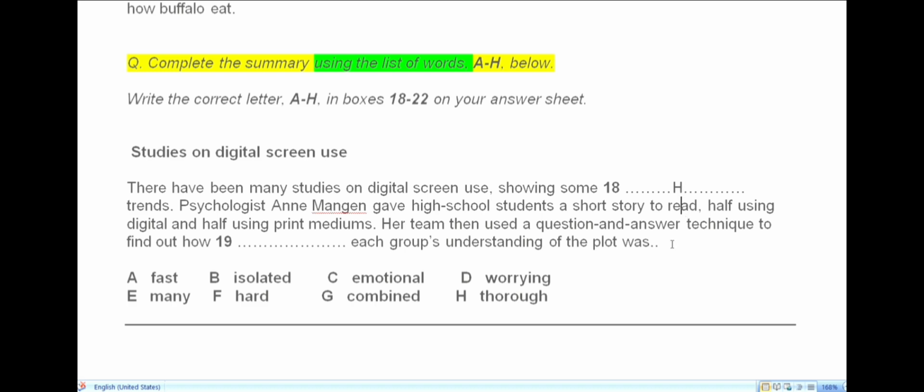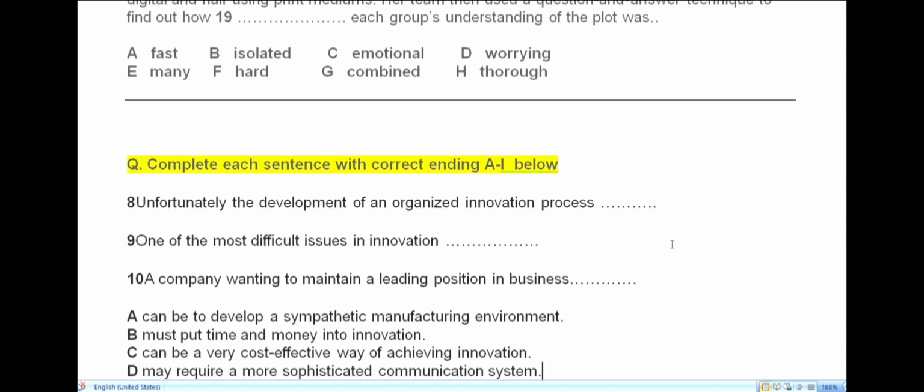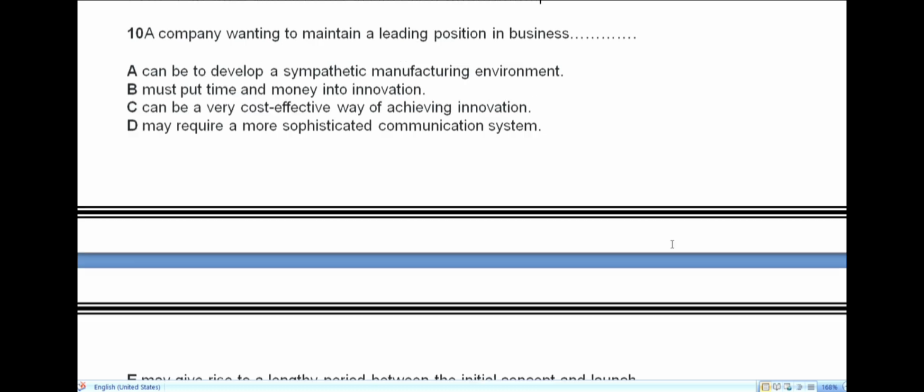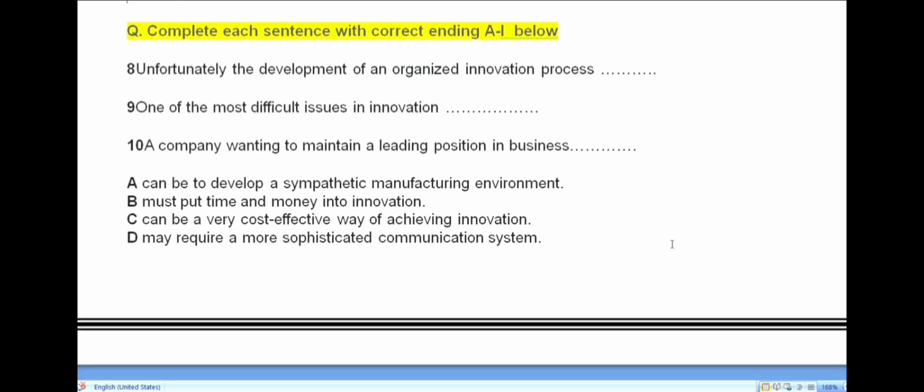We are again going to a cluster of similar question types. Here in this category, the first one is complete each sentence with the correct ending, A to I, below. So you have the three questions here, 8 to 10, and here are the options, the correct ending statements, which are A to I. What is your task?